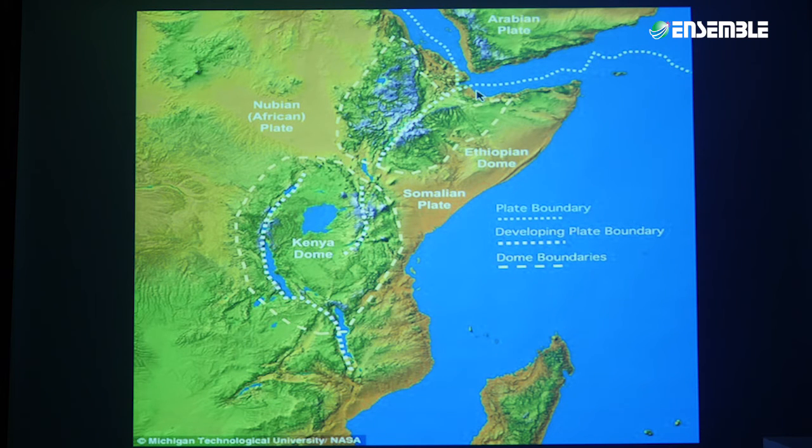Then you find the Gulf of Aden, and the third is the place where you find the Red Sea. The Red Sea extends all the way towards the top, along this line. This is what we call the Afar region.